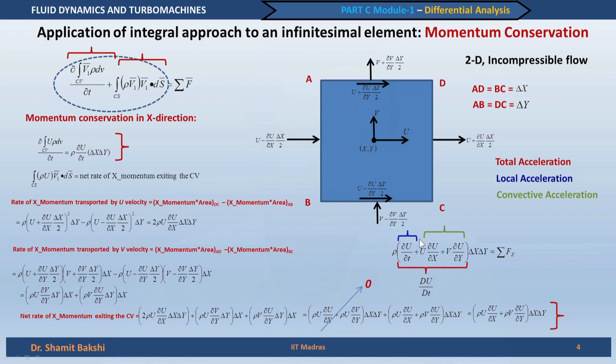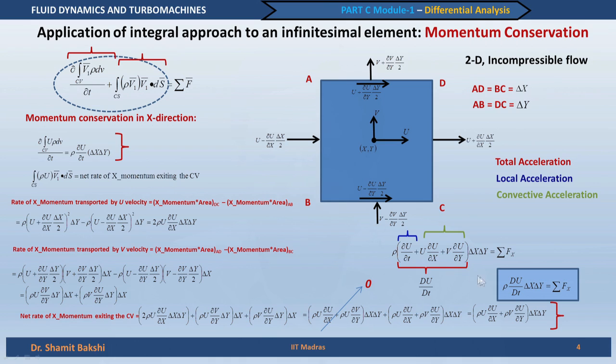If we now consider that velocity field which was independent of time and plug the velocity values into this expression, we will see the local acceleration is 0 definitely because it is independent of time, but the convective acceleration is non-zero, and this explains the acceleration of a fluid particle as the fluid particle moves through this control volume. So, this is a very important thing to consider in our description of the Eulerian field.